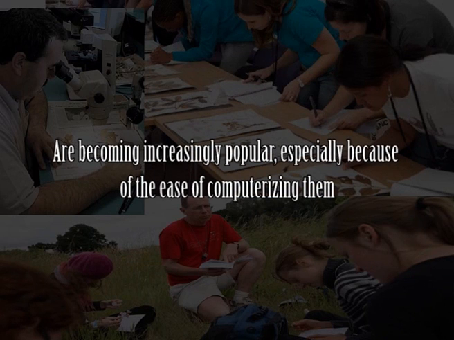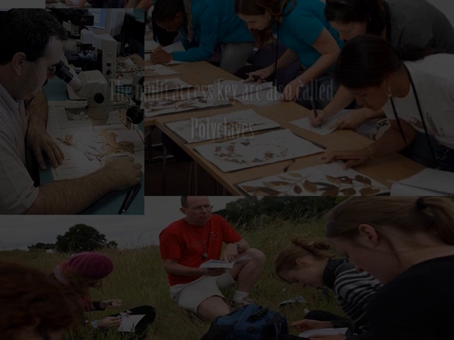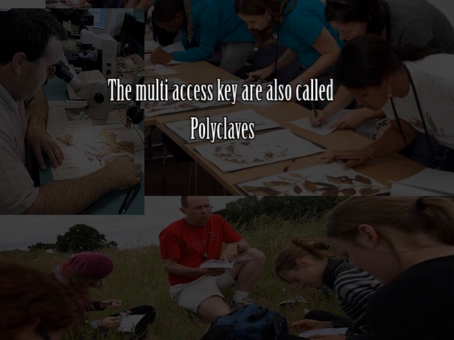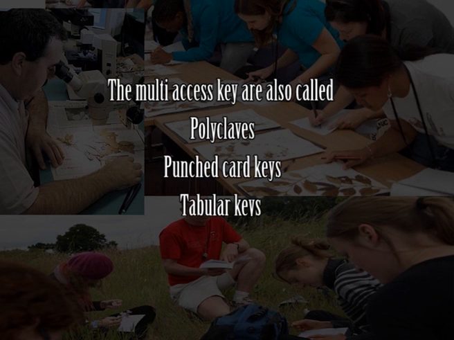These keys are a relatively new alternative to dichotomous keys and are becoming increasingly popular, especially because of the ease of computerizing them. The multi-access keys are also called polyclaves, punched card keys, tabular keys or synoptic keys, etc.